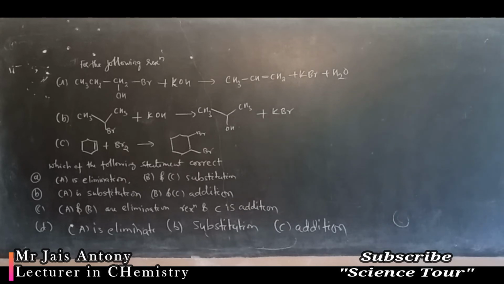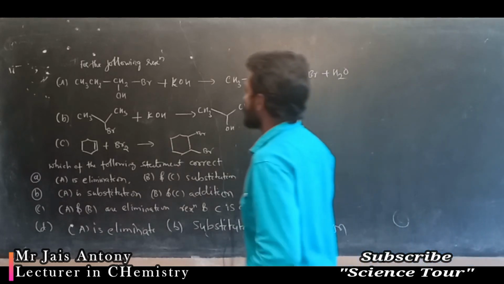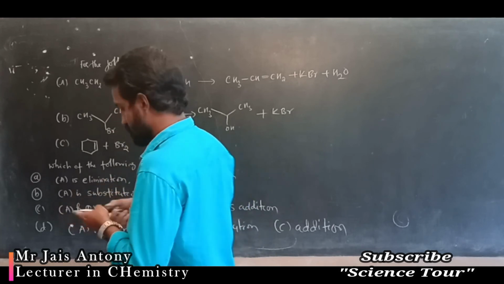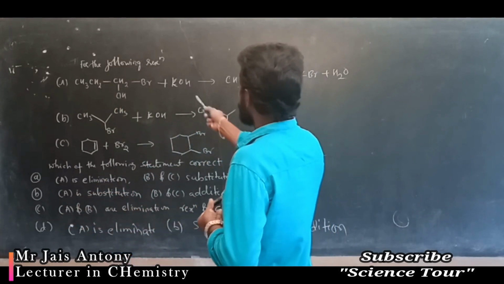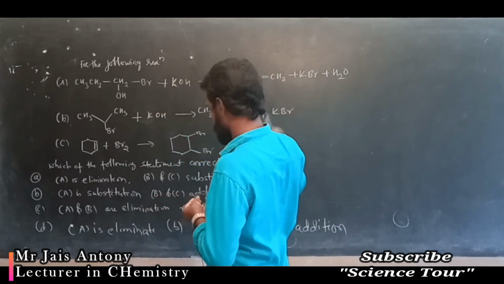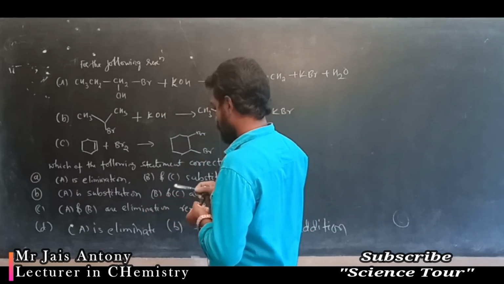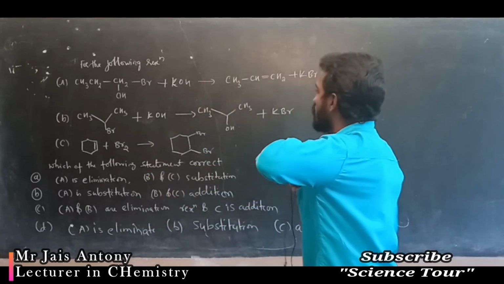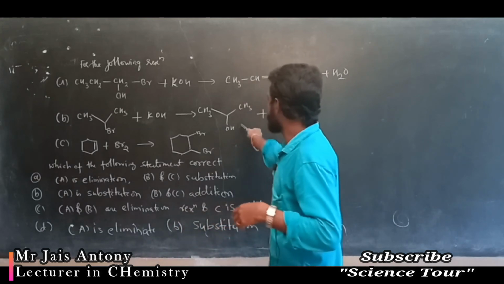Okay students, this one question actually, for the following reaction, a reaction is given. This reacts with the potassium hydroxide, it gives one alkene and KBr. Next, B reacts with this particular potassium hydroxide, it gives this substituted product.